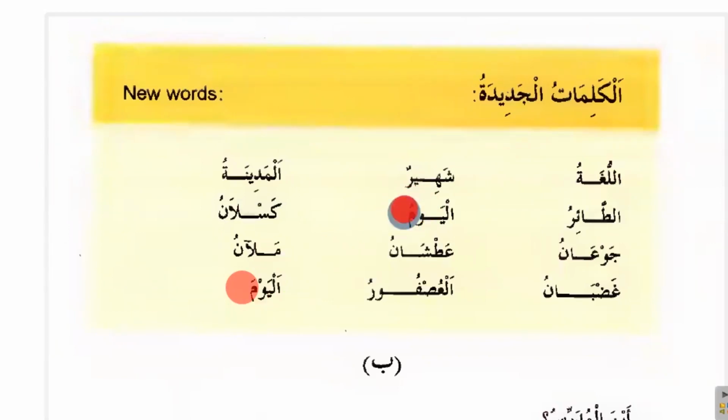This one has dhamma on the end, and this one has fatha on the end. Al-yawmu and then al-yawma. The one with the dhamma, al-yawmu, is the day. The day something happened. But al-yawma, the one with fatha, means today, just today.